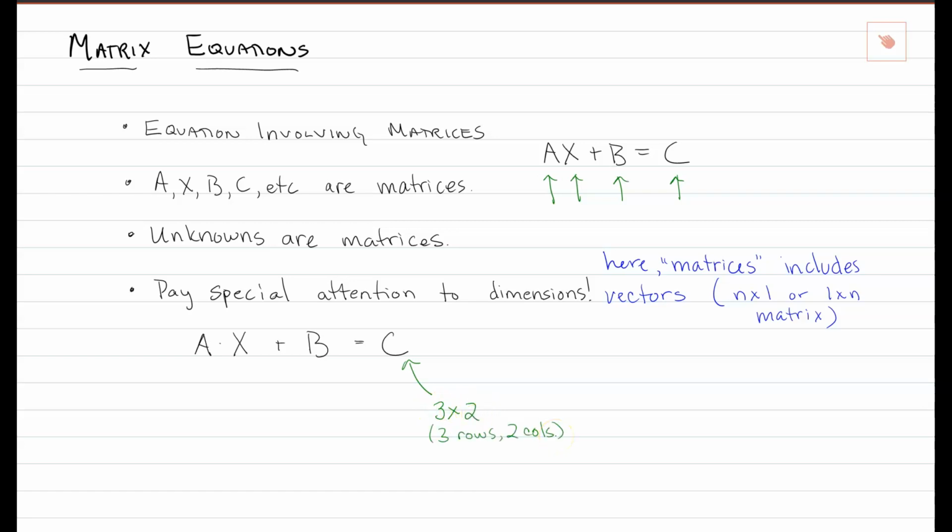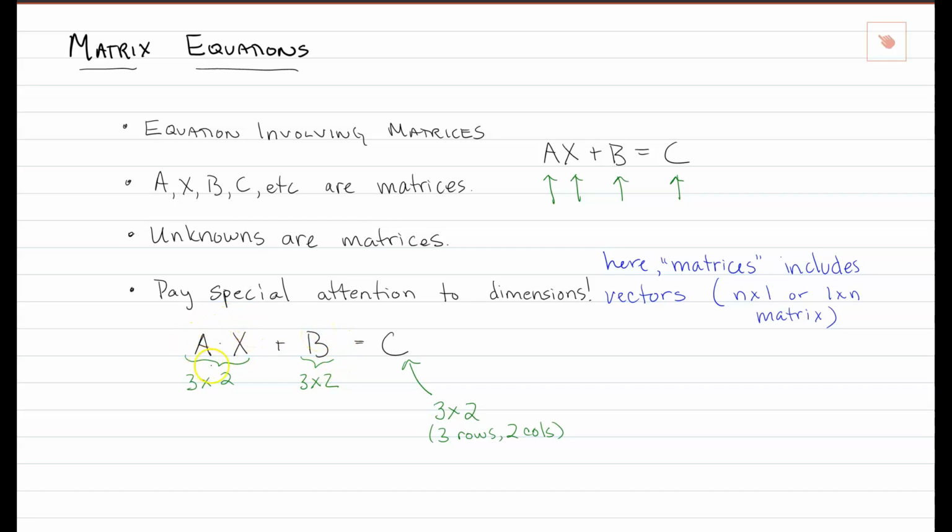You may remember back from the second module that if you're adding matrices, they have to be the same dimensions, and when you add them up, you get another matrix of the same dimensions. So reversing that reasoning, if C is a 3 by 2 matrix, since it's the result of a sum, these two terms must also be 3 by 2. So we can say B is a 3 by 2 matrix.